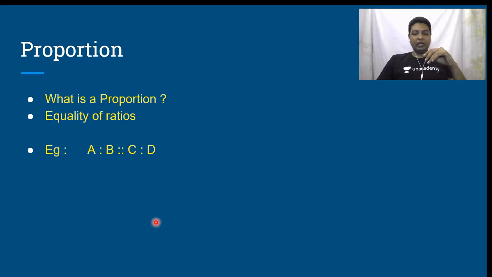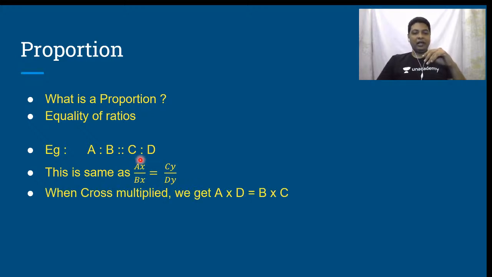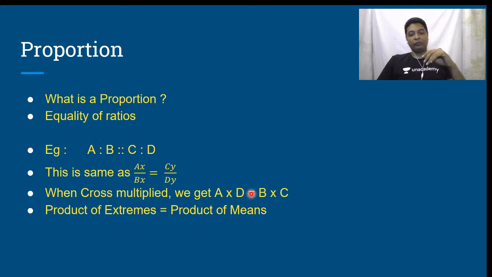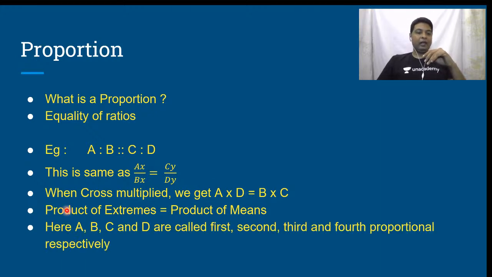If the two ratios are A is to B and C is to D, then we call the proportion A is to B as C is to D, which is represented in this particular fashion. This is the same as AX by BX is equal to CY by DY. If we cross multiply, we get A into D is equal to B into C. That is the same as product of extremes is equal to the product of means. Here A, B, C and D are called first, second, third and fourth proportional respectively. Is that clear?